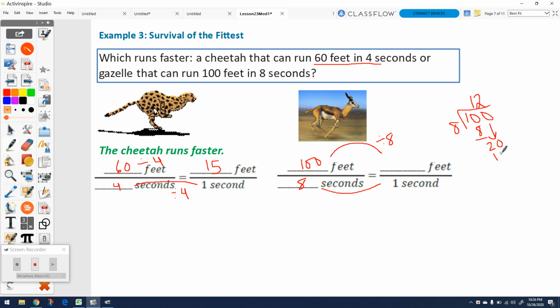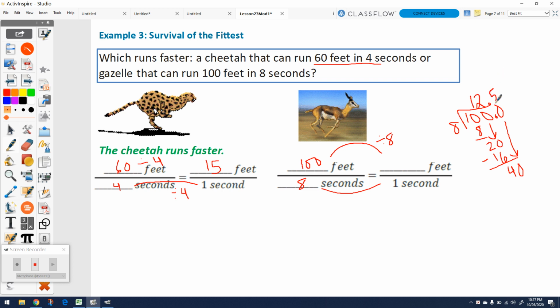Now, right away, I can tell by looking which one is going to be faster. But I'm going to go ahead and continue. Since 8 can't go into this 4, I'm going to add a decimal here. And remember that where I add a decimal, I can then add a 0 to bring down. Because looking ahead, I could see that if I added a 0, 8 could go into this 40 exactly 5 times.